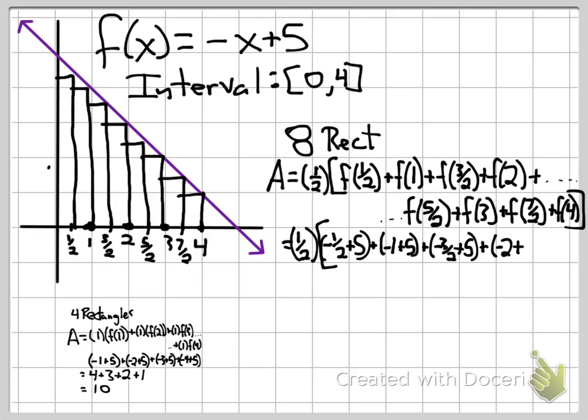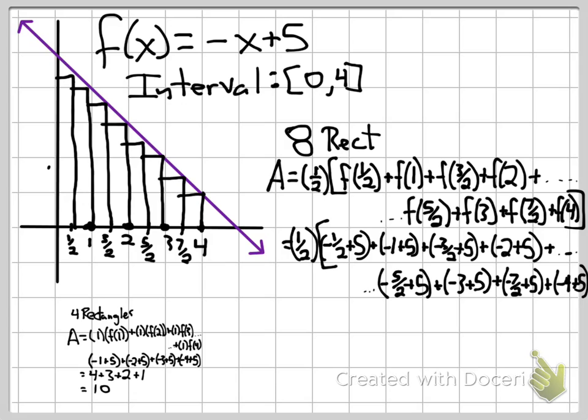Negative 2 plus 5. Negative 5/2 plus 5. Or negative 3 plus 5. Negative 7/2 plus 5. And the last one is negative 4 plus 5.